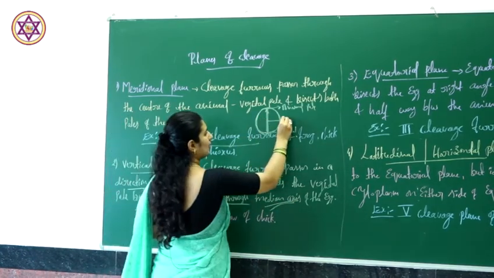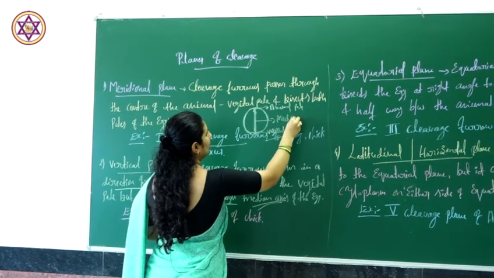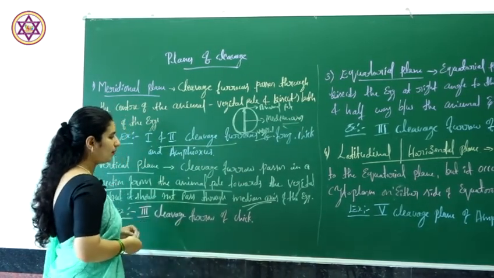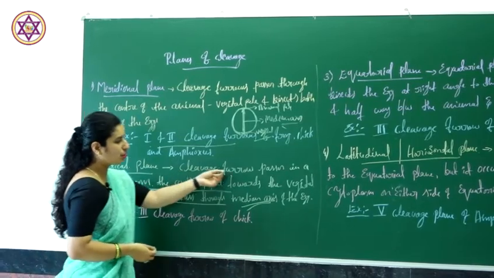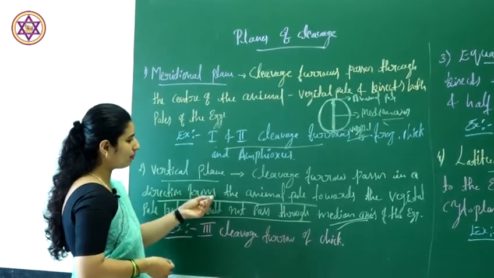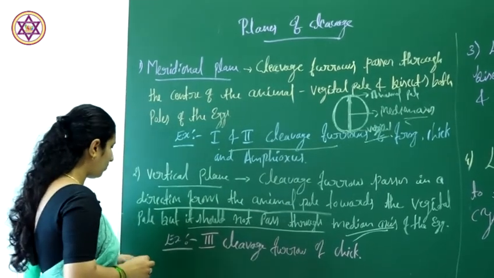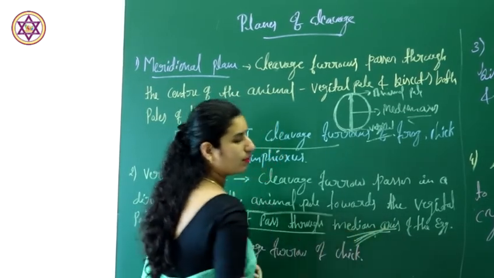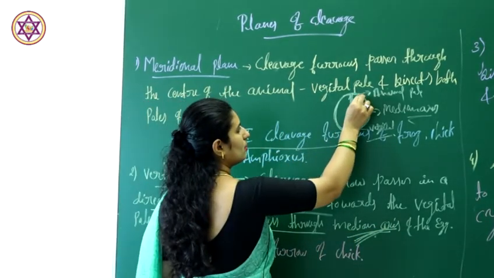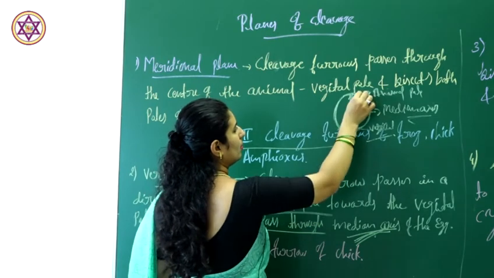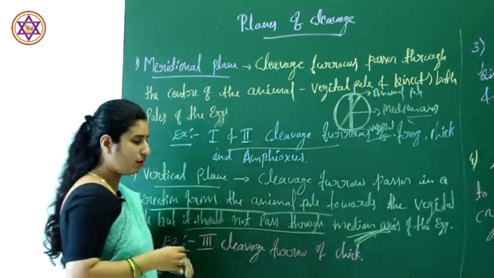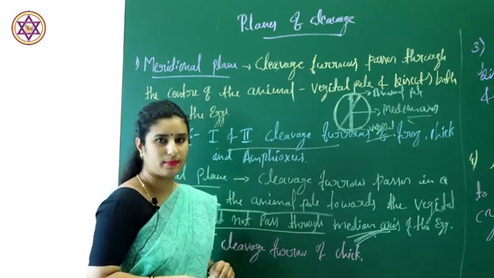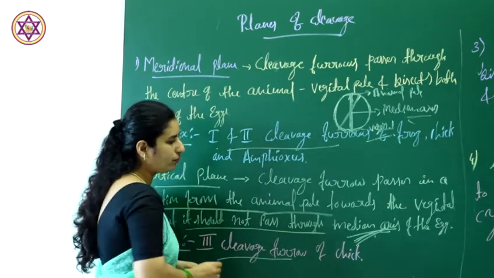Consider this is the median axis, in a sense the center region. So this will be the representation for the vertical plane. Example is the third cleavage furrow of chick.